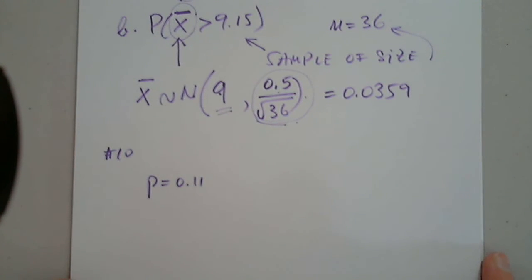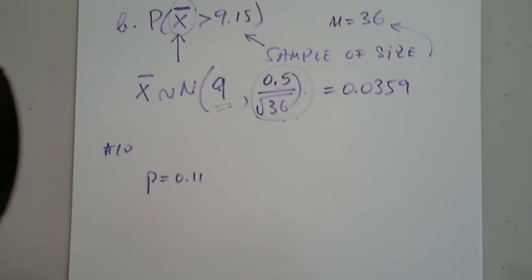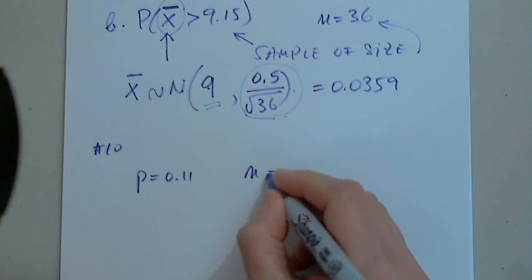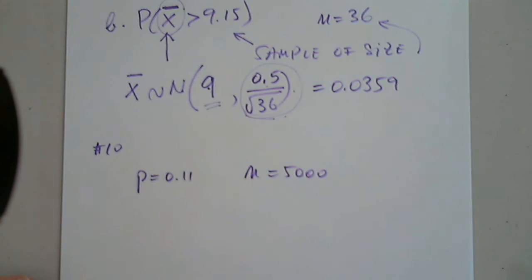So let's choose one and then jump to problem 10. Which one would you like to work on? The easiest one is A, so we don't have to jump. So n equals 5,000. Good. So they're asking us to find the mean and the standard deviation for p hat, right?